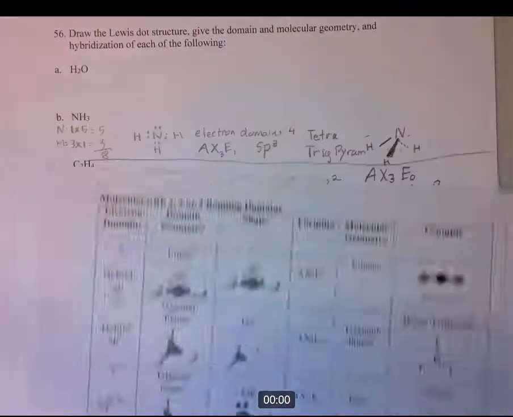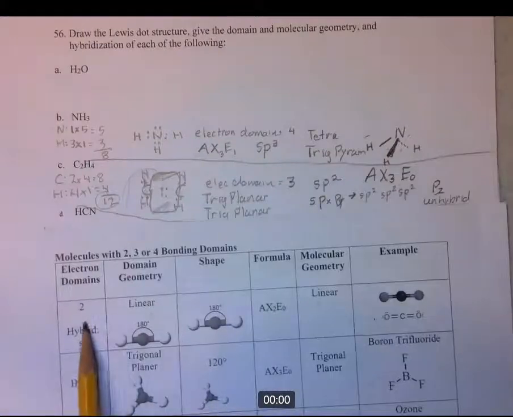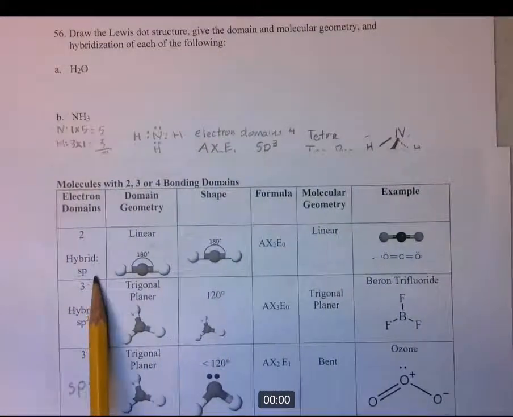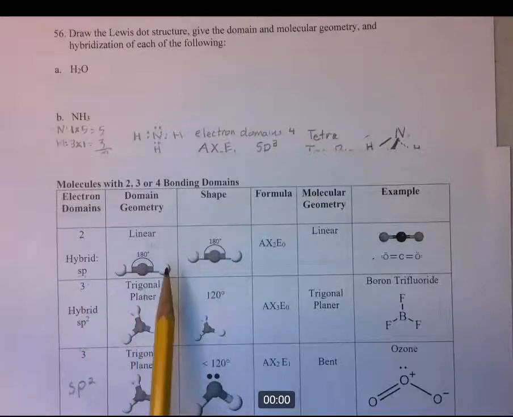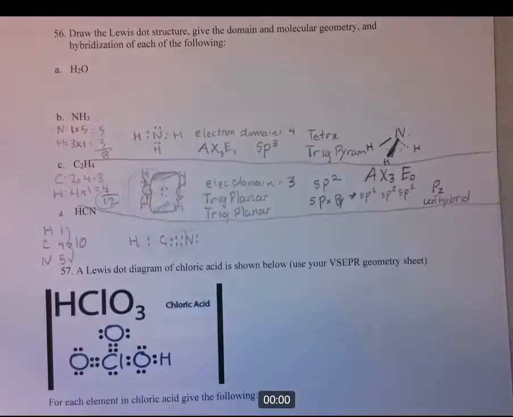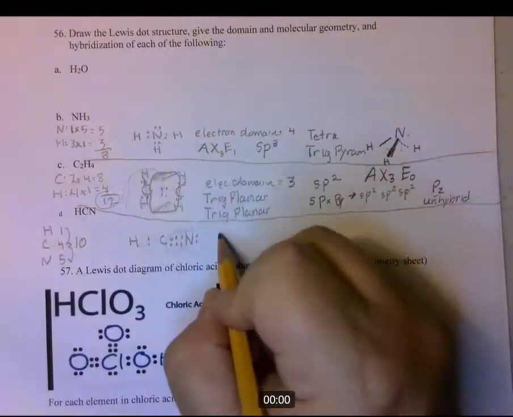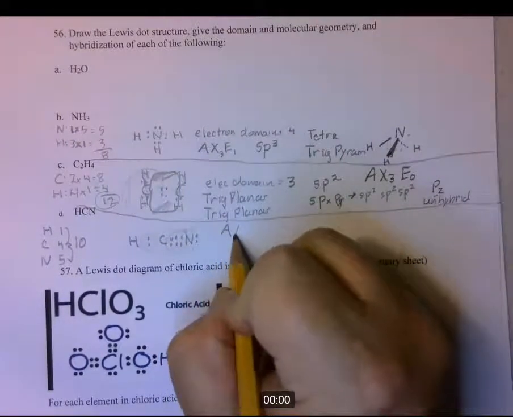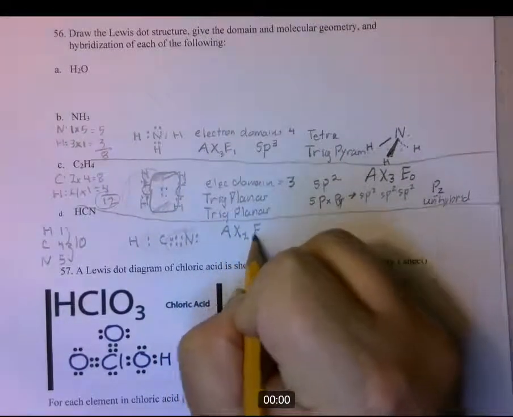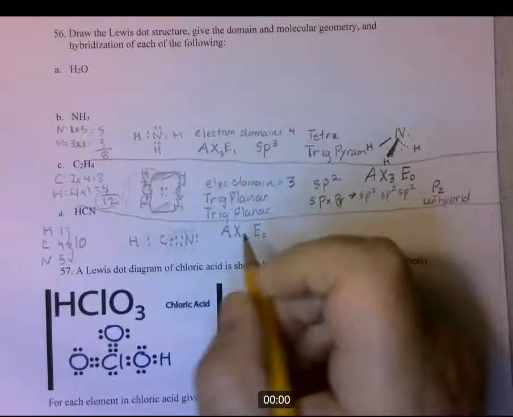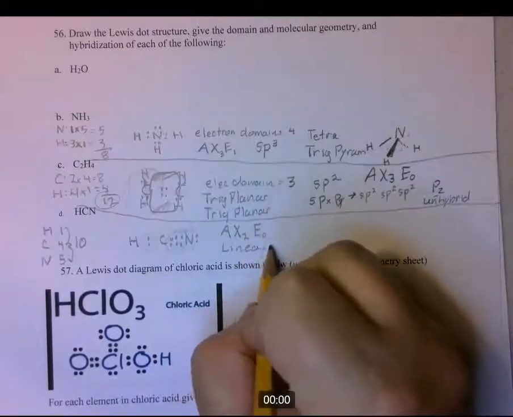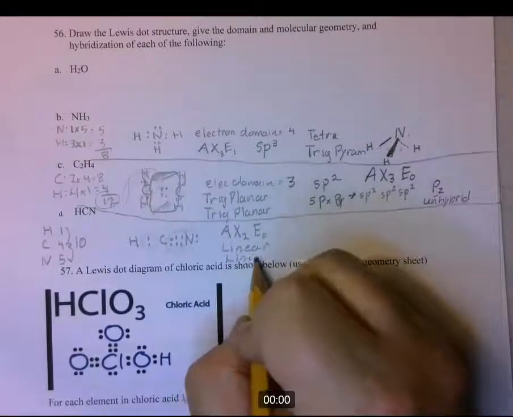So if you come over here, 2 electron domains, there's only one possibility, and that's an sp, and it's linear. It's an AX2E0. There's no lone pairs there. That means it's linear and linear. Linear domain geometry, linear molecular geometry.